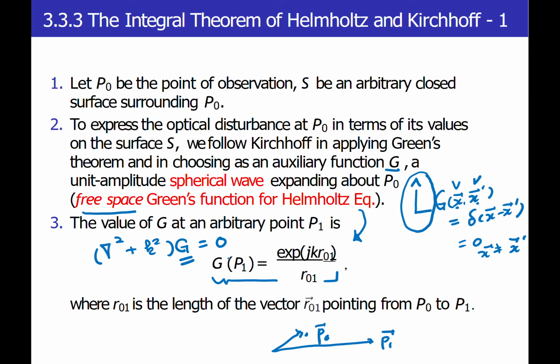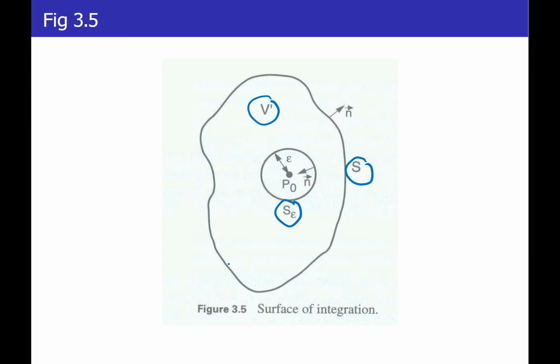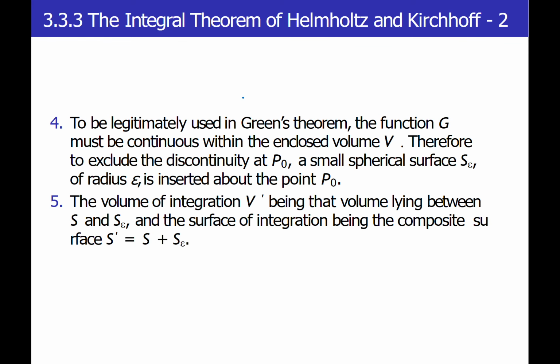So what we do know is that in the case of a Green's function, we have an unknown U, and G is known.